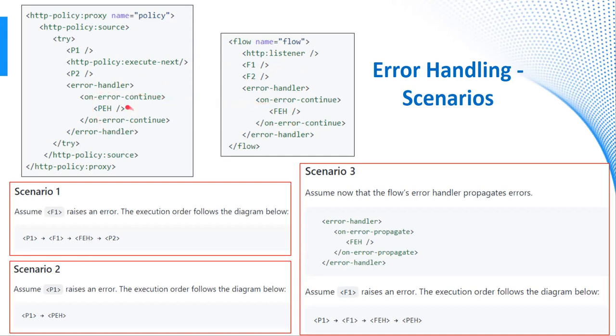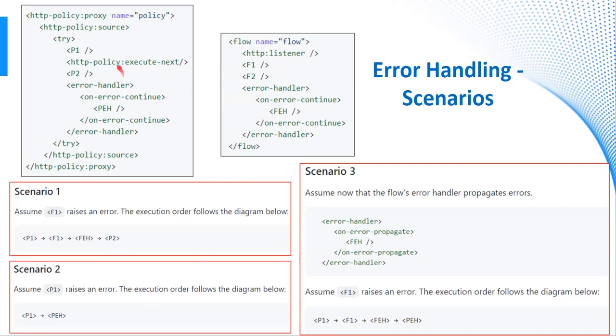Now, in both the error handlers, I have on error continue. And we know that on error continue consumes the error object whenever an exception occurs and generates the status code as 200. So if an error occurred in the flow, it will get consumed by this error handler and nothing will be propagated to the policy.